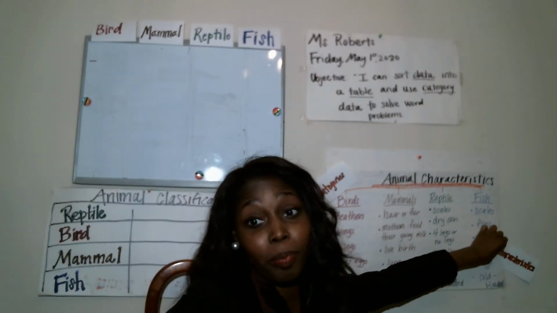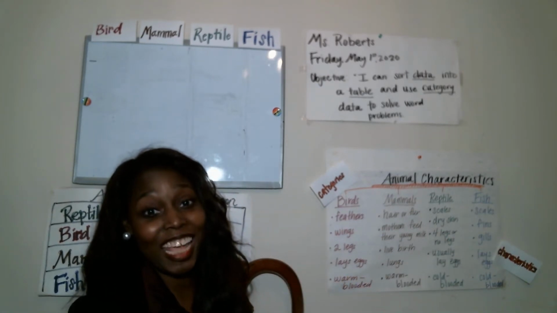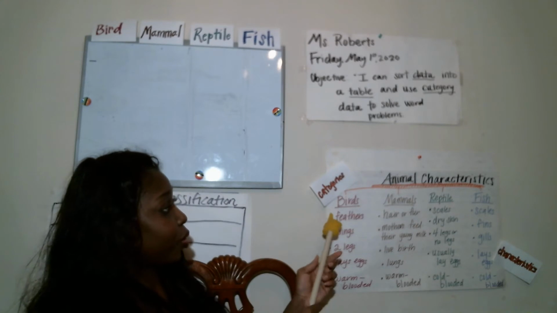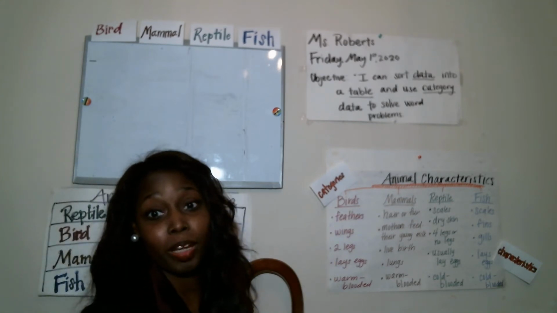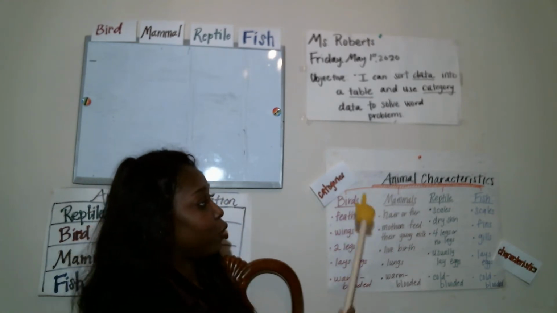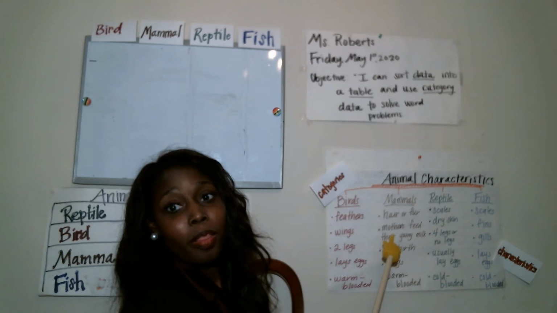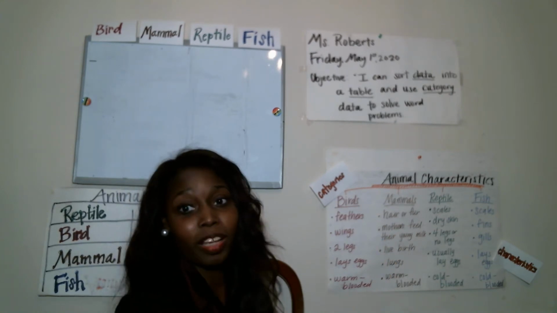Can I get a few people to raise their hand and tell me what characteristics are under each category? Birds: feathers, wings, two legs, lays eggs, and warm-blooded. Very good. The next category, mammals: hair or fur, their mother feeds their young milk, live birth, lungs, and warm blood. Very good.